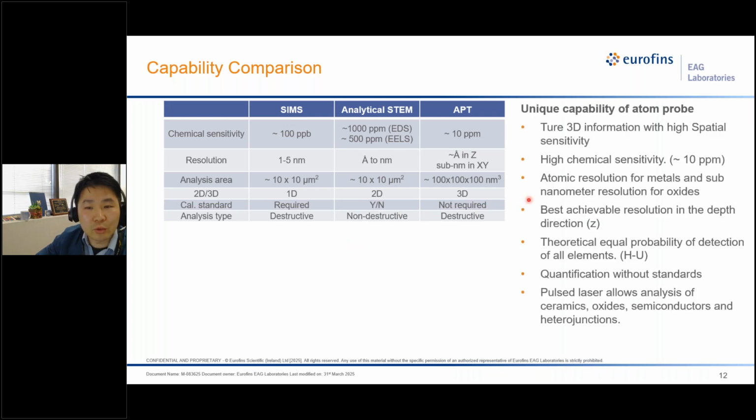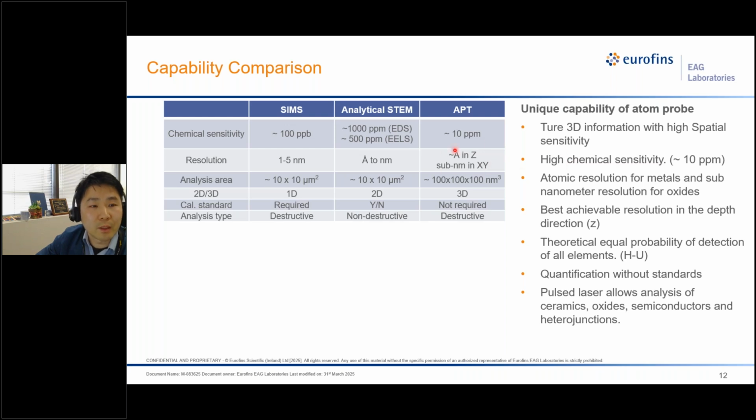In comparison, atom probe provides true three-dimensional information with a typical analysis of hundreds of nanometers, and it combines high chemical sensitivity at the ppm level with atomic resolution for metallic samples and sub-nanometer resolution for oxides.